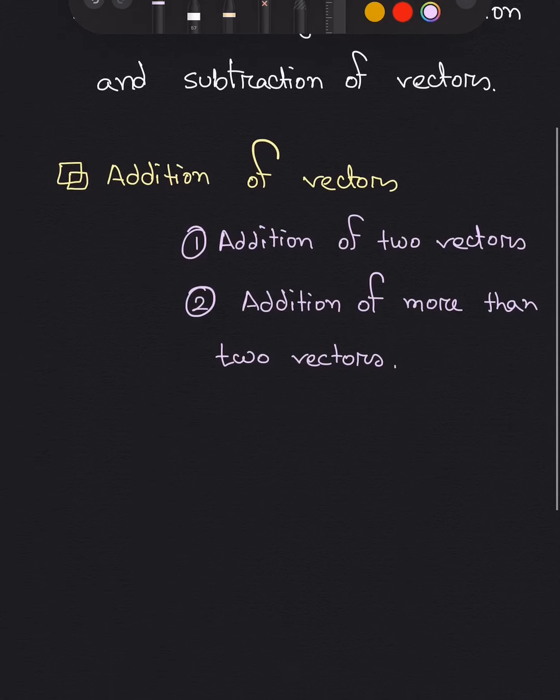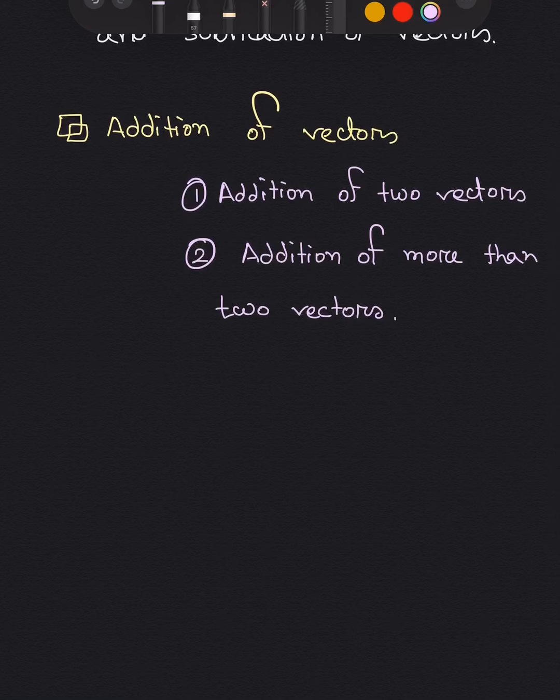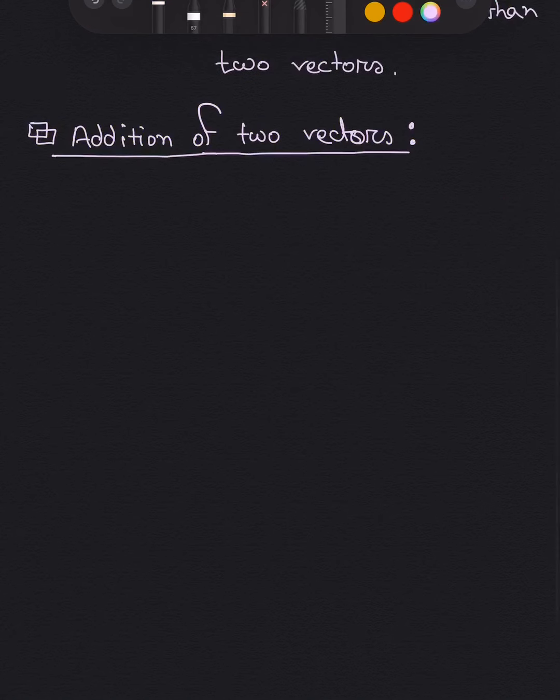Now coming to the first point, which is addition of two vectors, suppose you are here at point A. You have traveled to point B from A, and then to point C from point B. If we think of these two displacements, what is your total displacement?